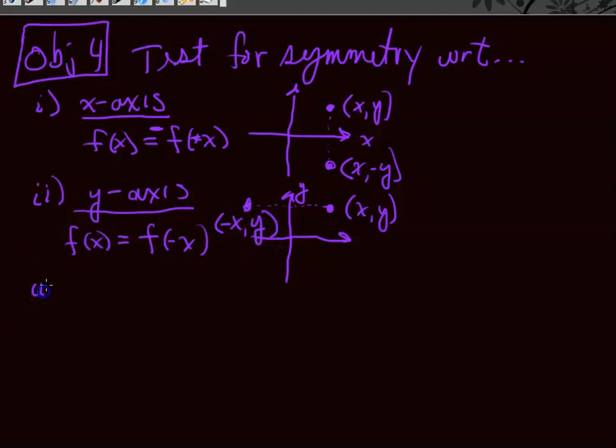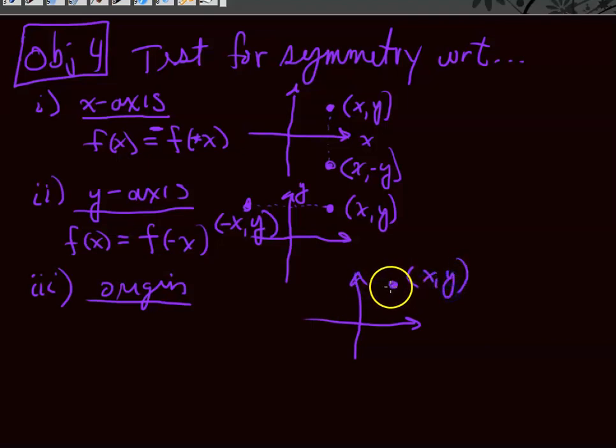Third part to this, third symmetry. With respect to the origin. So if we have our picture, if we have the point xy, and we go through the origin, same distance away, same angle, sort of opposite angle, we get negative x, negative y.